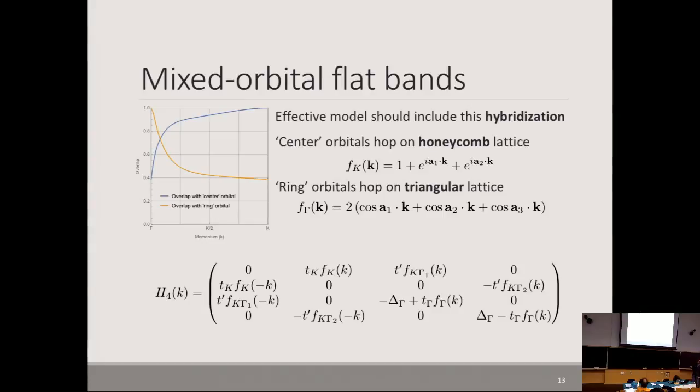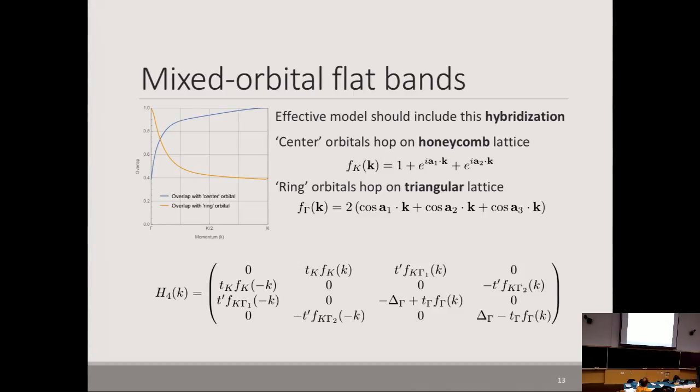What's important is that these center orbitals, if you look at their symmetry, look as if they live on a honeycomb lattice. And I think in the next talk, Oscar will talk more about the symmetries related to that. But for now, you just got to believe me, this is the way you hop on a honeycomb lattice. These ring orbitals that we found actually hop more following a triangular lattice, because you can have both. If you have such a unit cell, you can have both honeycomb and triangular, and they actually mix.